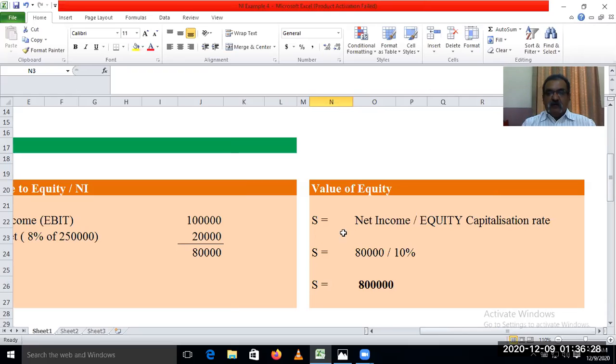Value of equity is equal to net income divided by equity capitalization rate. Net income we have calculated, that is EBIT minus interest, that is rupees 80,000. Equity capitalization rate is 10%, which is given in the example. So 80,000 divided by 10%, value of equity is equal to 8 lakhs.